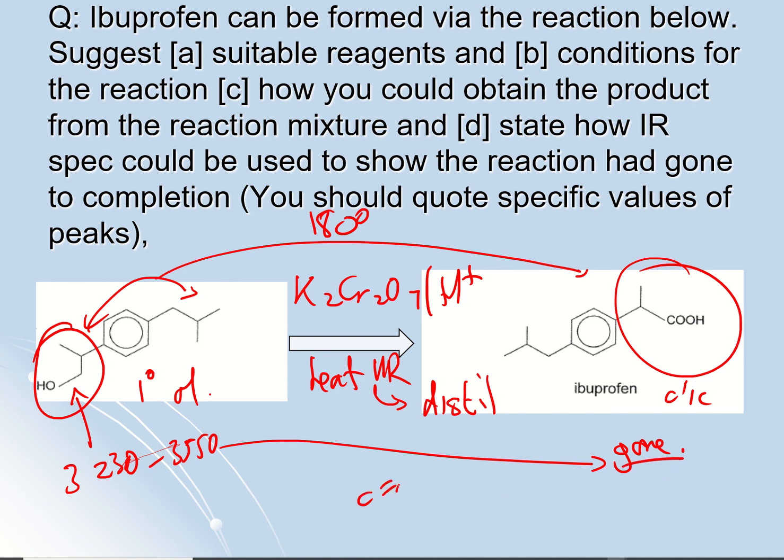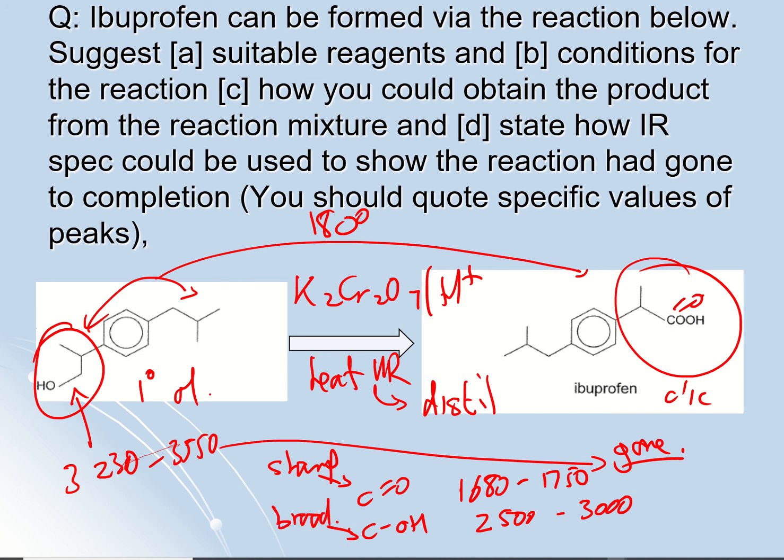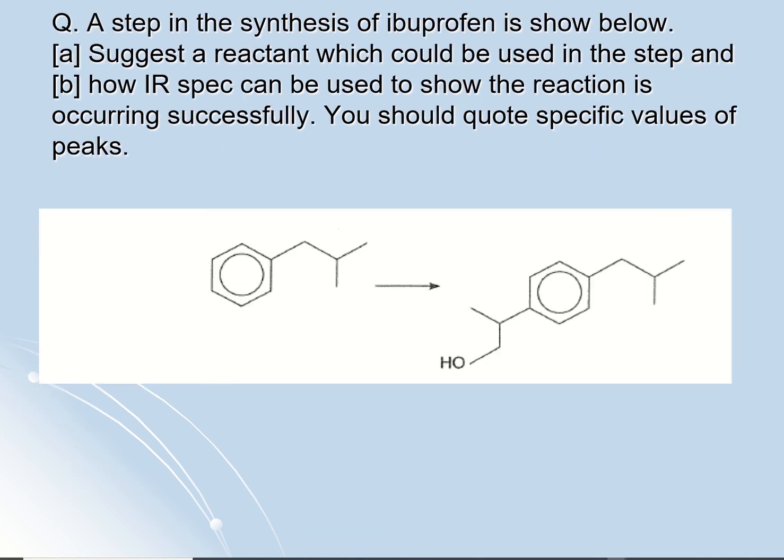It has been replaced by the carboxylic acid C=O at 1680 to 1750, and you will also now have the OH group of the carboxylic acid, a big broad one, at 2500 to 3000. That's very sharp and that's very broad. Hopefully you're starting to get the idea as to what's going on here.